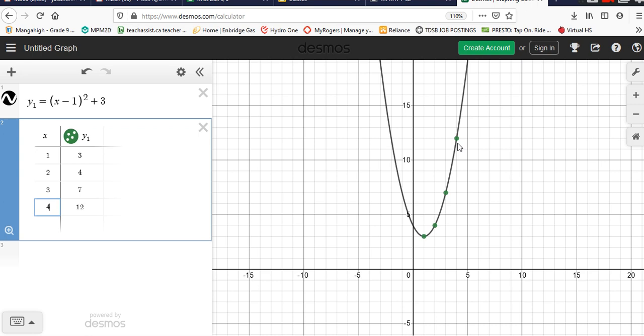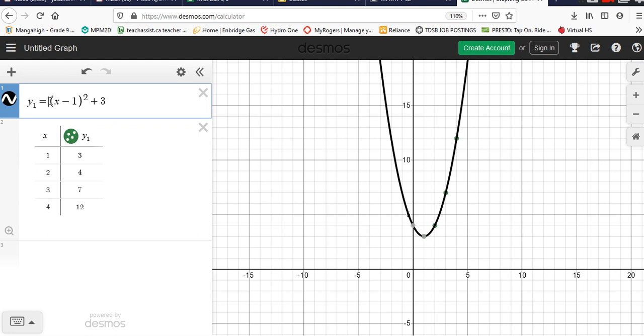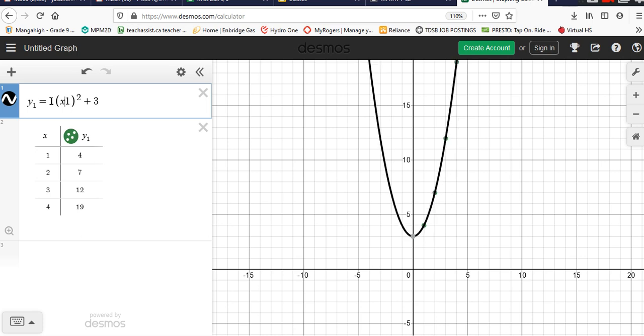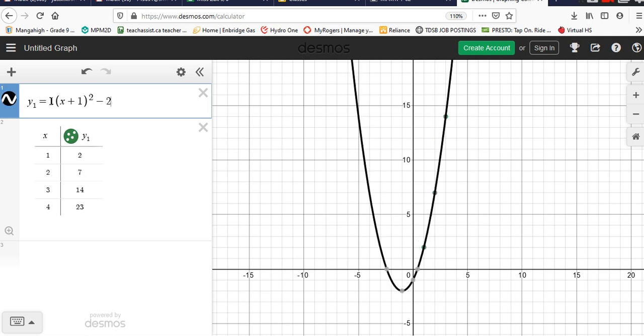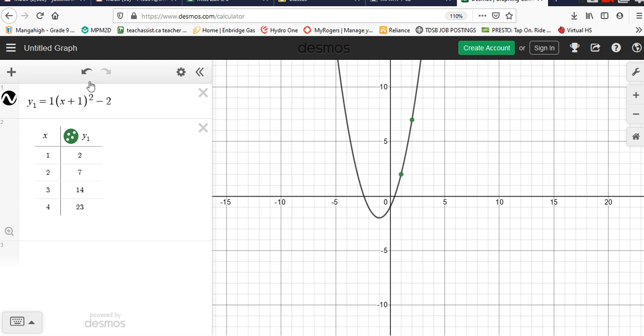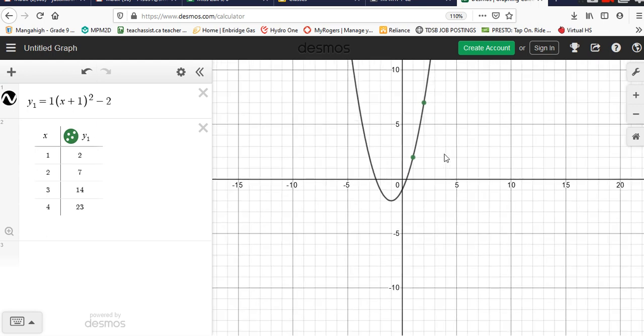Which means that as long as the vertical stretch is 1, that pattern will always hold true. Let's switch to a different vertex just to prove a point. So what's my vertex?